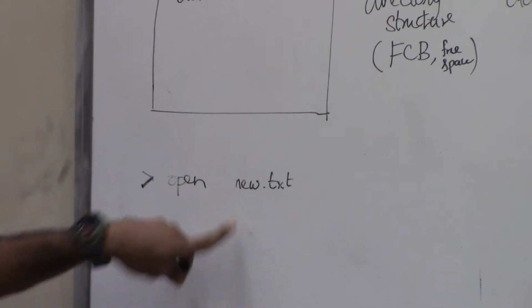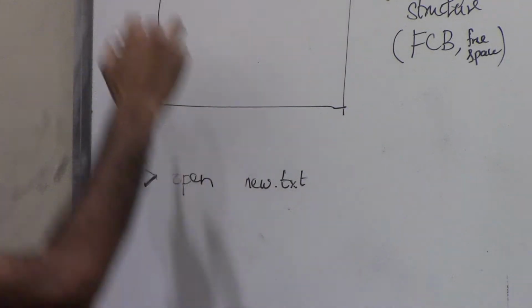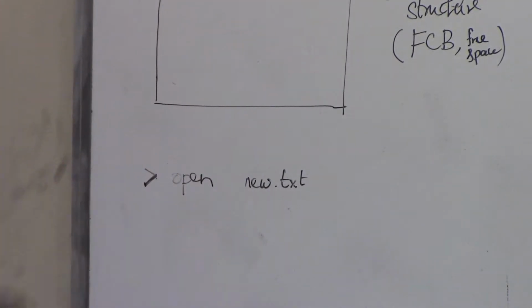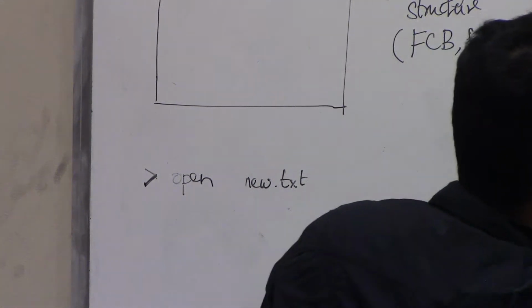If I'm giving this command, then what it should be doing is you should check in your current directory whether that file system is available. If it is not there, then you should create that file.